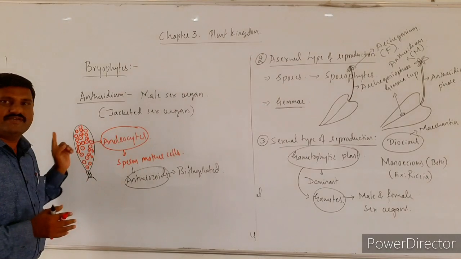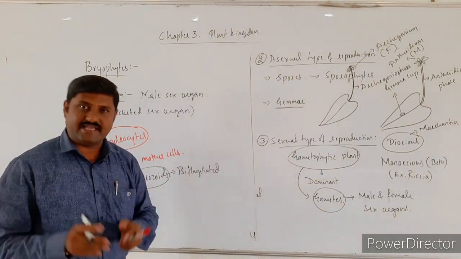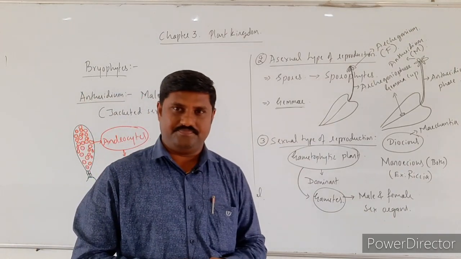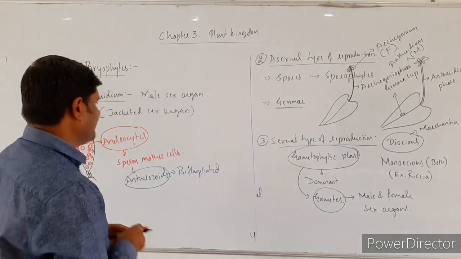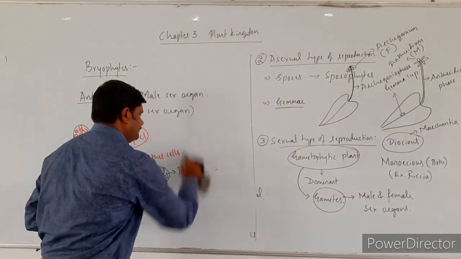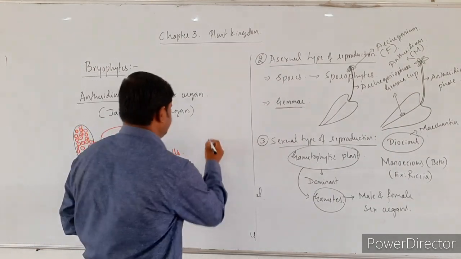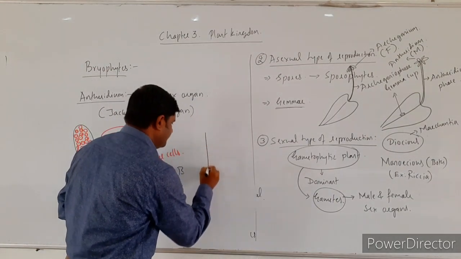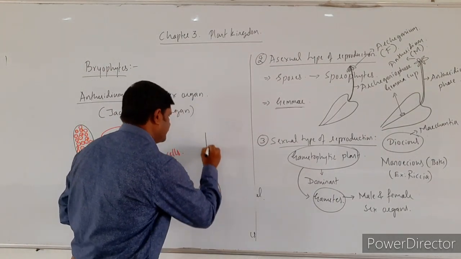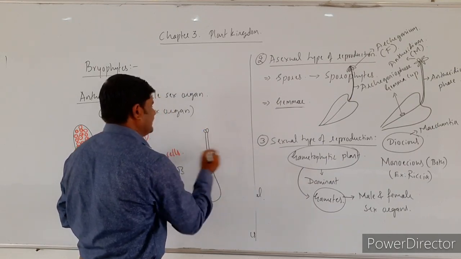This is the structure of the antheridium. The second one is the archegonium. How is the structure of the archegonium? Let us see here. It is a flask-shaped structure covered with cover cells.